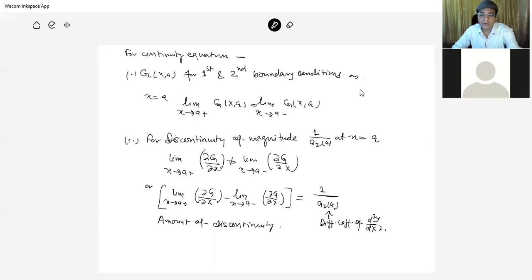So these are the four steps, and through which we can have the equation.